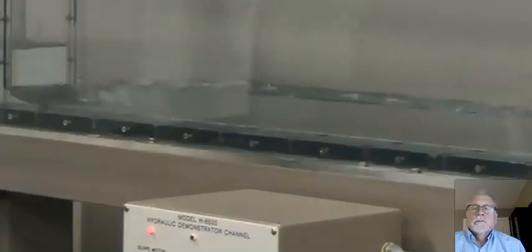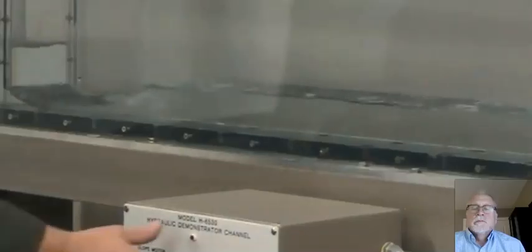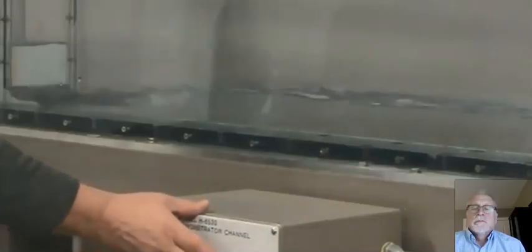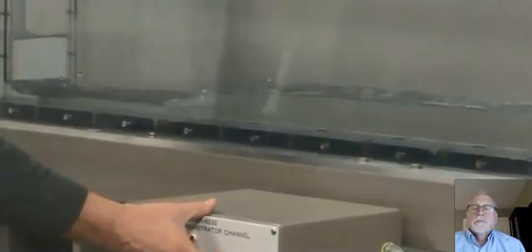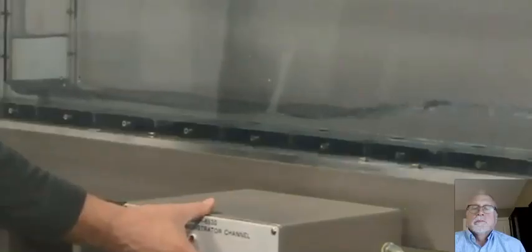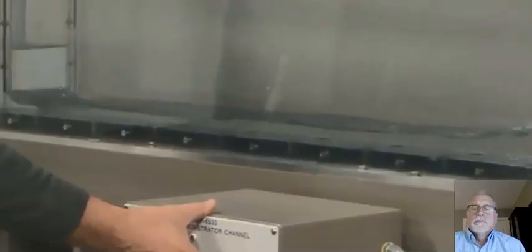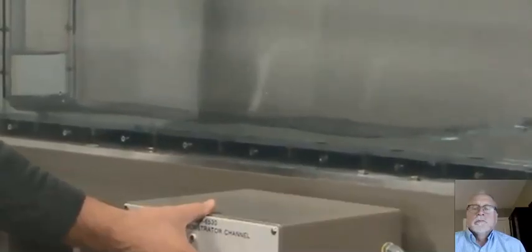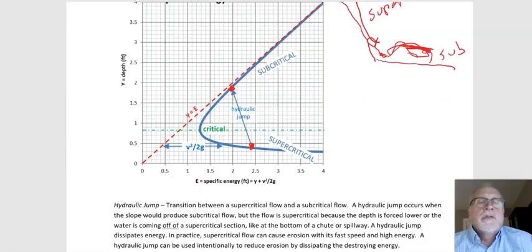Similarly, slope, increased slope, and it heads downstream. Decreased slope, and it starts coming back upstream. Hydraulic jumps are pretty cool.